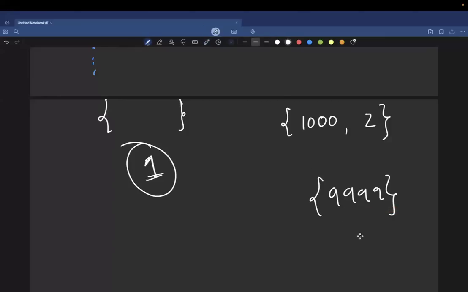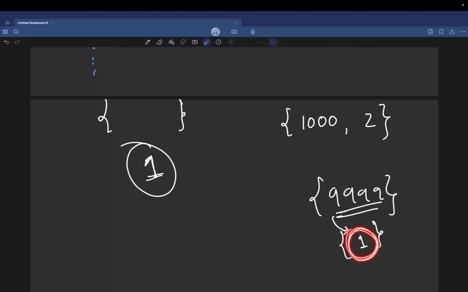Even if this value is initially 1, or even if the value is initially this much, it does not create a difference, because eventually when this value becomes equal to 1, it doesn't matter what happened earlier.